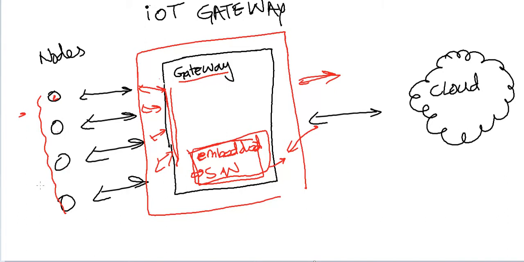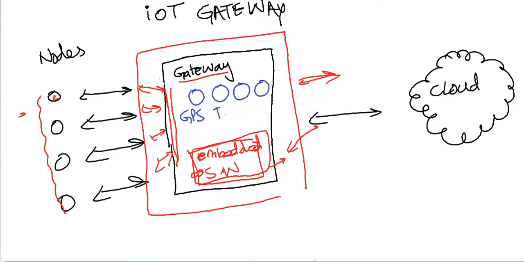But there can be situations where we might have a few sensors also on our gateway. Such sensors, for example, a GPS positioning sensor, we can have on the gateway.